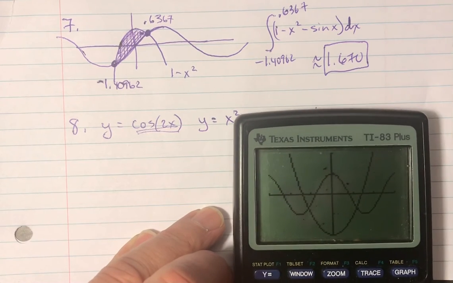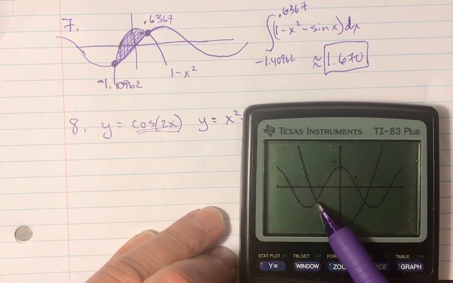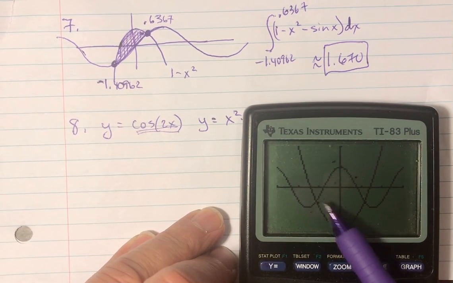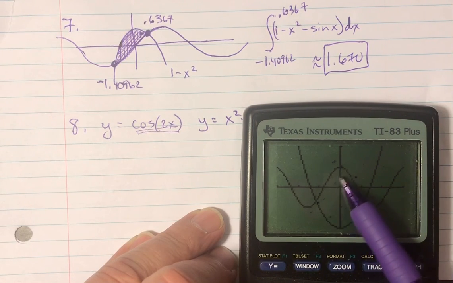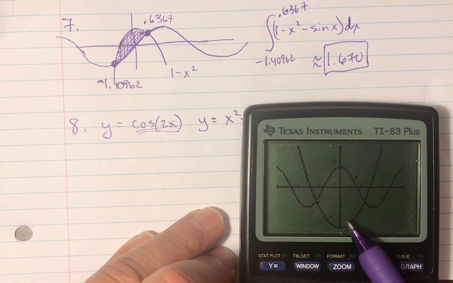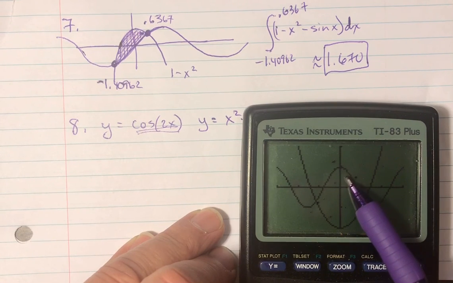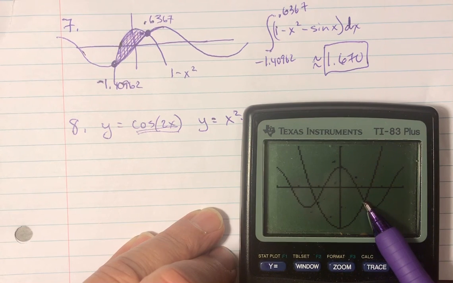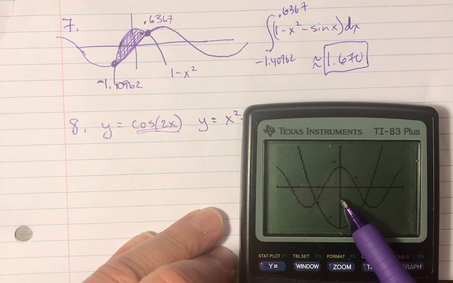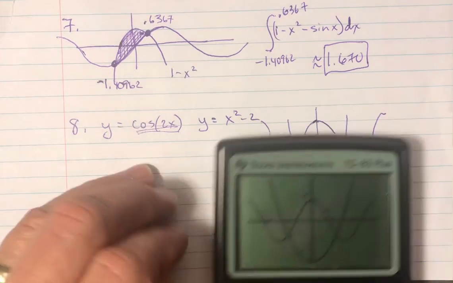Now, what we could do is integrate from this x value to that x value. But if you notice, it is symmetric with respect to the y-axis. So what I'm going to do is just integrate from 0 to this point and then double it.